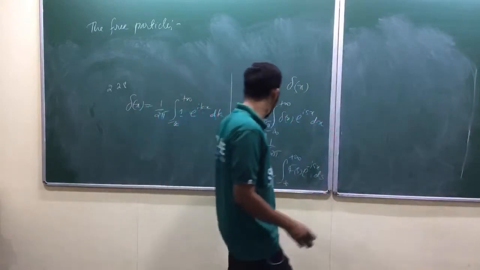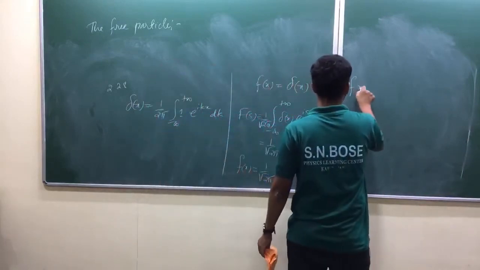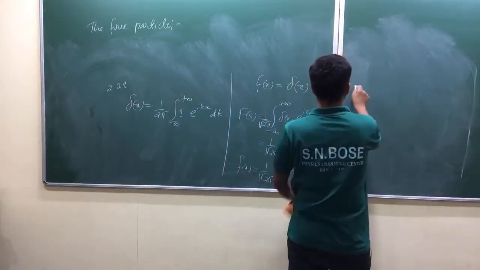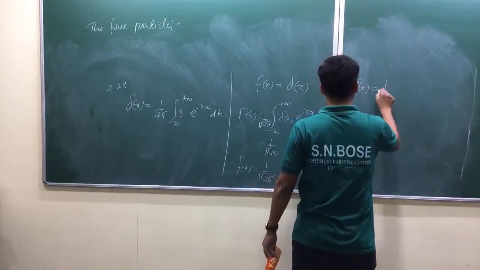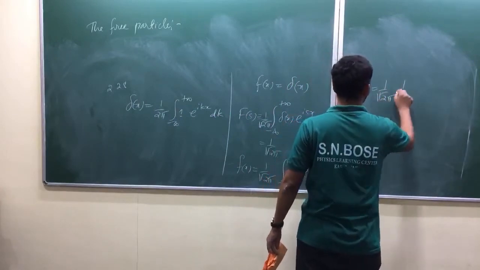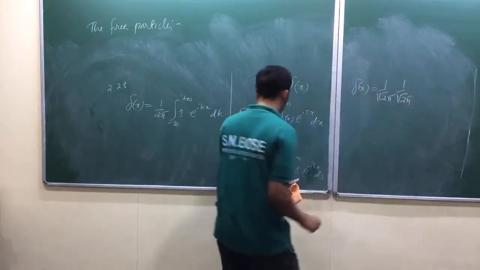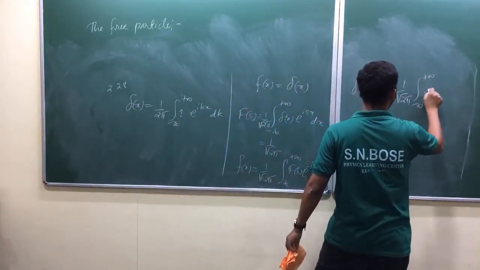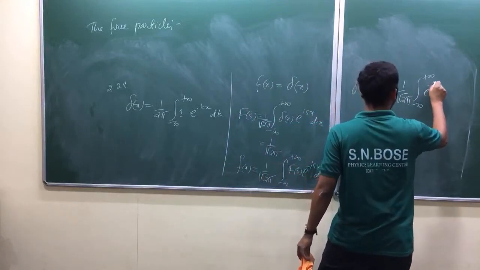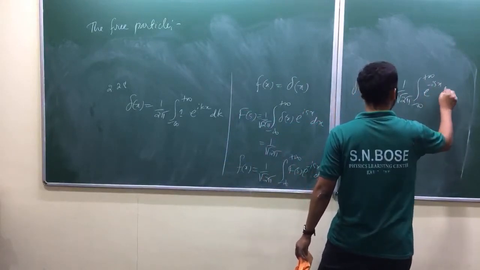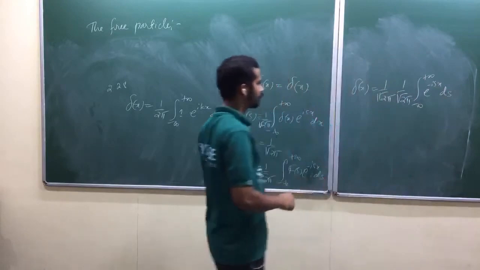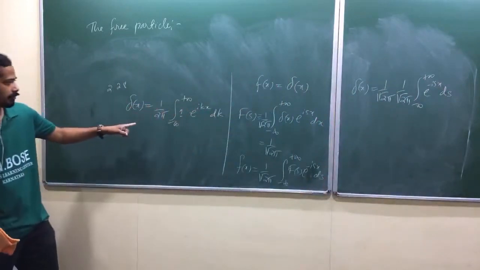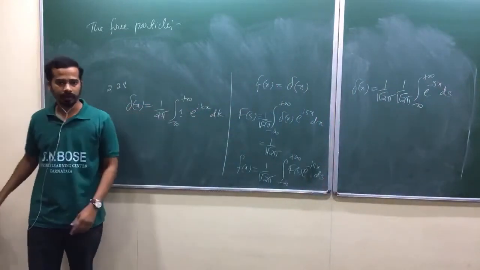What is this one? Quickly. F of x is equal to, that is your delta of x. Am I right? Delta of x is equal to 1 by root 2 pi, again 1 by root 2 pi because of f of s, integral from minus infinity to plus infinity, e power minus isx. That formula is similar to this one, but one more negative sign is missing.